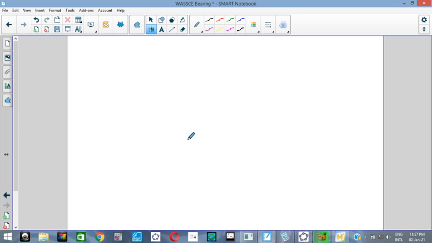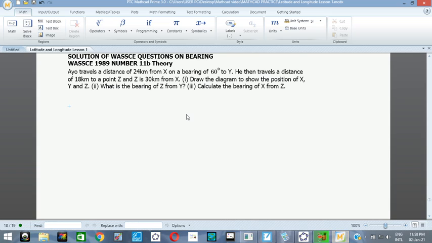Start with X. Just draw your 4 cardinal points. So you are always facing north. That is the basic assumption in bearing. So if I label this point X, this is my point X. That is where I will start from.